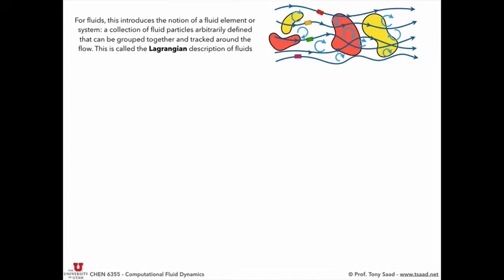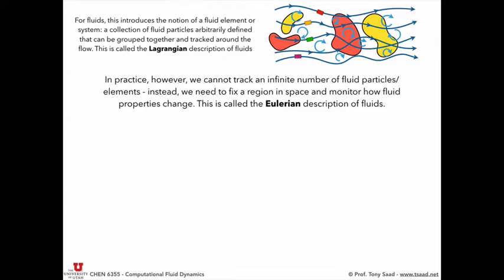In practice, we can't really simulate an industrial coal boiler by tracking billions of fluid elements. I mean, for these fluid elements to realize a reasonable simulation, you're going to have billions of fluid elements to do a simulation that way. That's just impractical. So we need an alternative formulation.